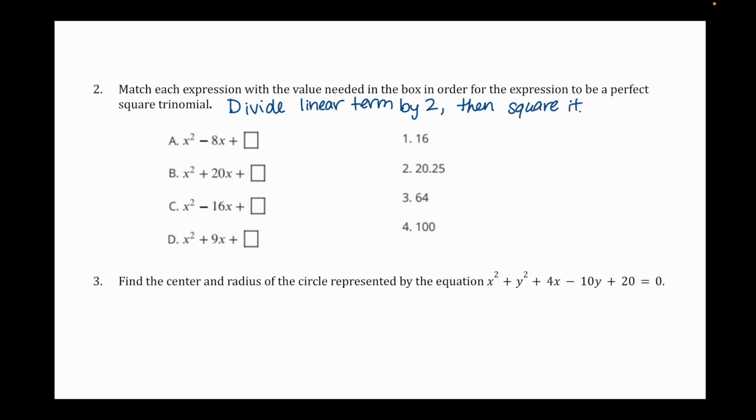That was our process: divide it by 2 and then square it.